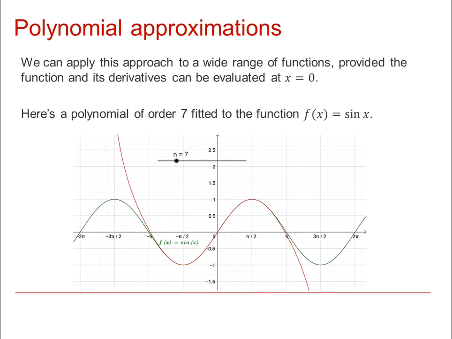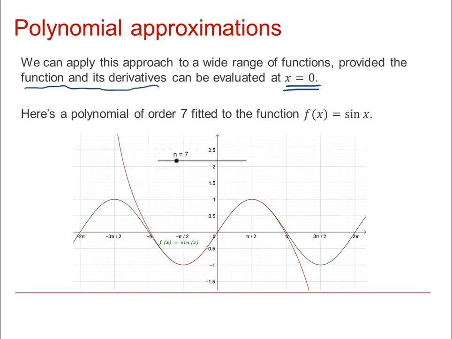So we can apply this approach to a wide range of functions. The important thing is then that the function and its derivatives can be evaluated at x equal to 0. Now here's an example where we've got the approximation order 7 to the function f of x equals sine x.